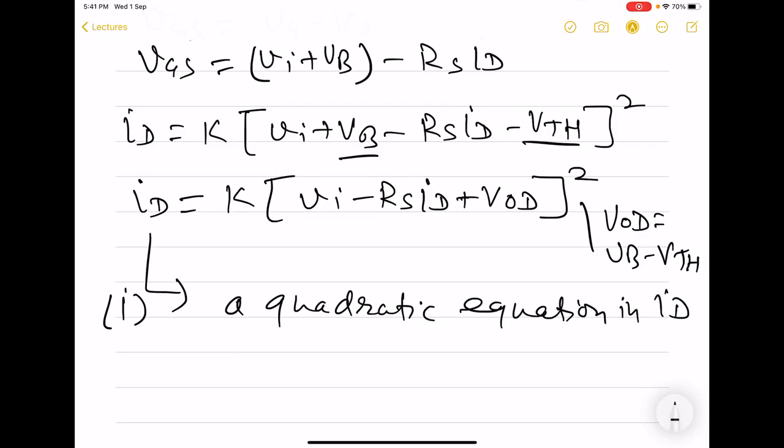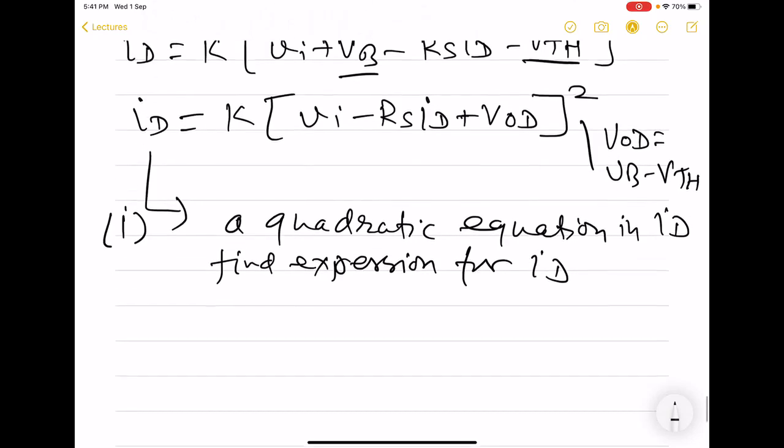So solve this quadratic equation and find the expression for ID.